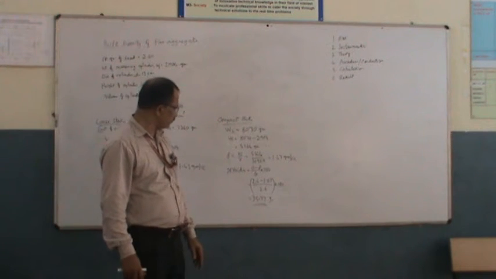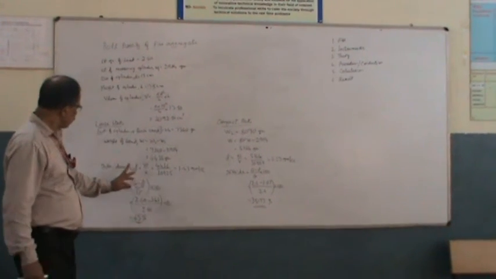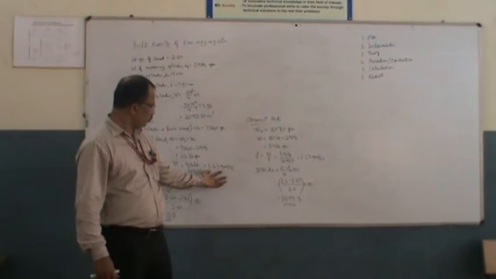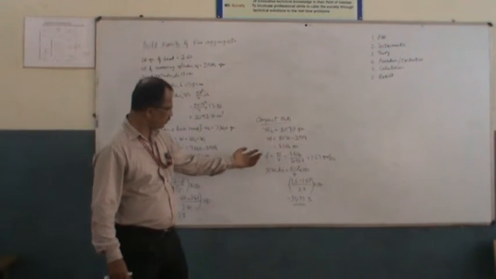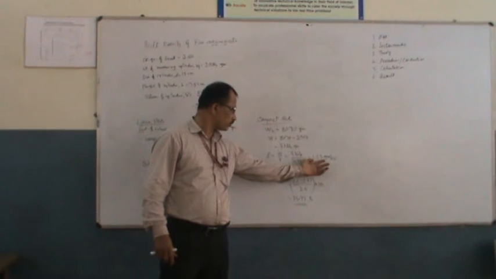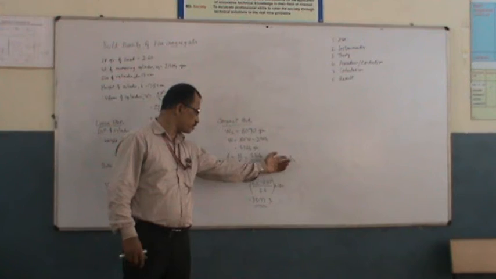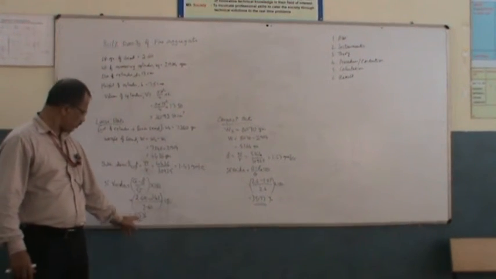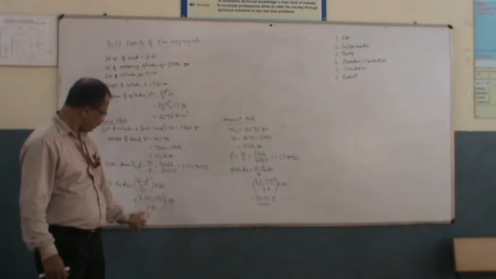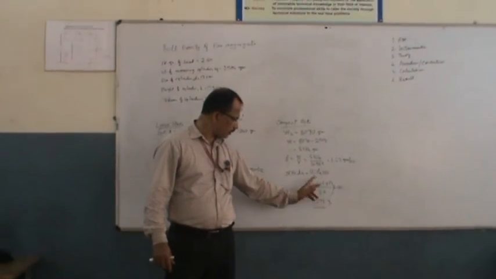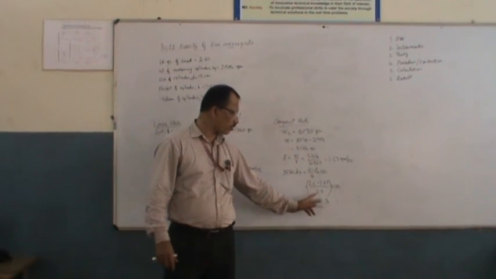Now, comparing the bulk density in a loose state and compact state. In a loose state, bulk density is less. When the same sand is compacted in 3 layers with 25 blows, the bulk density has increased. Similarly, percent of voids in the loose state was 45%, which is high compared to the percent of voids, which is reduced when the sand is compacted.